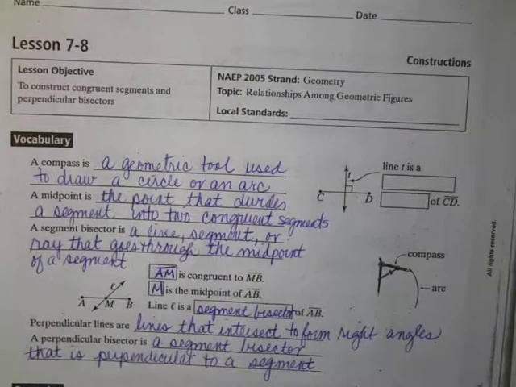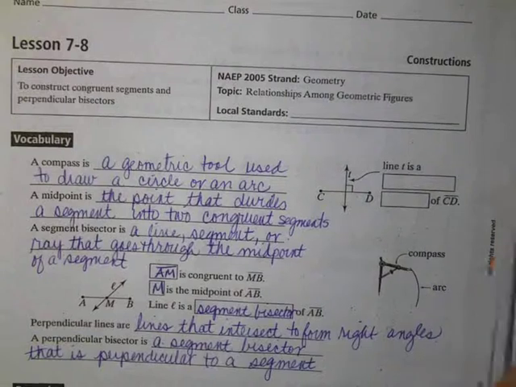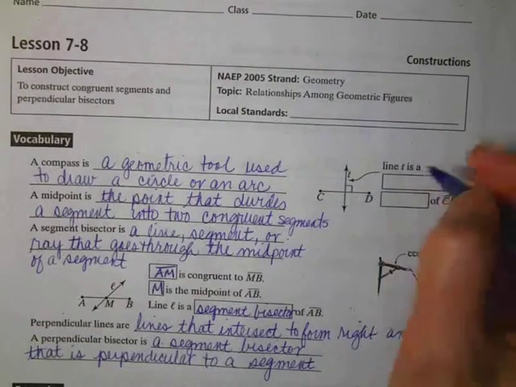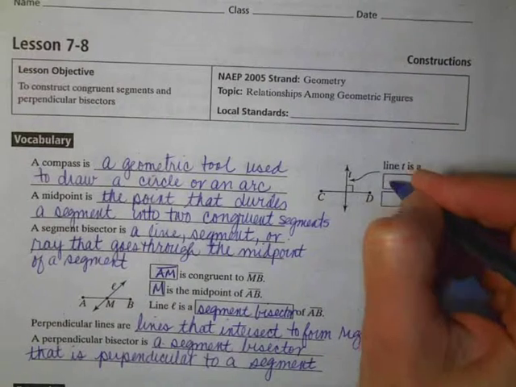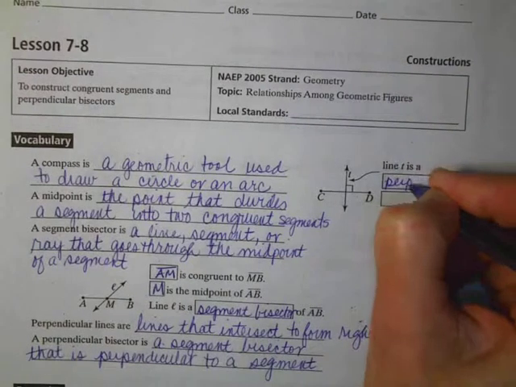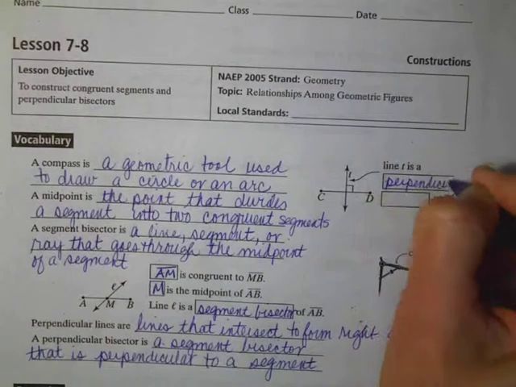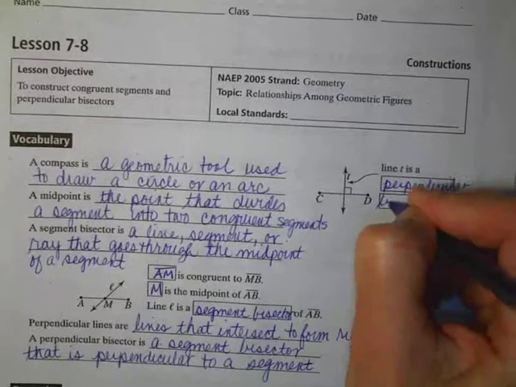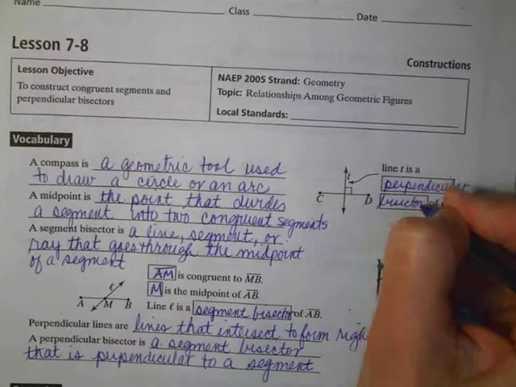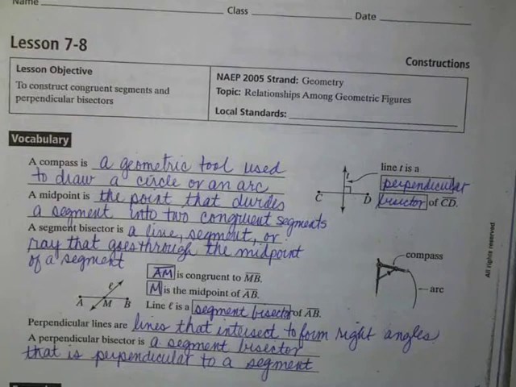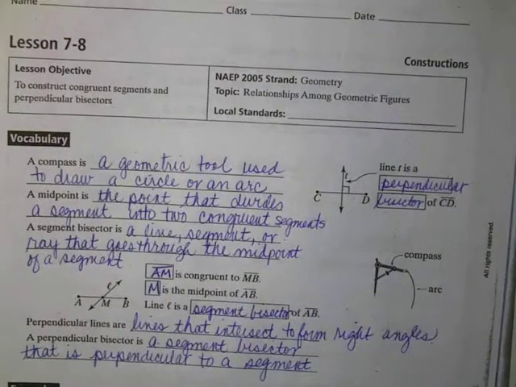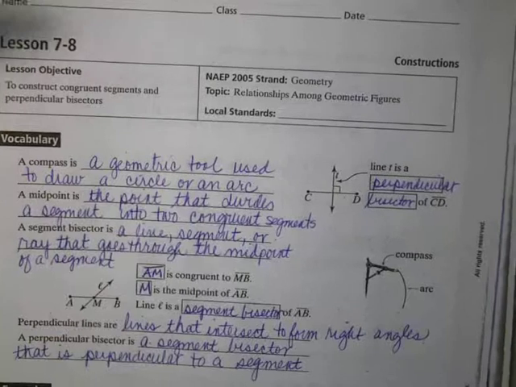It simply cuts the segment in half because it crosses through the midpoint. If we look up here, line T is a perpendicular bisector of segment CD. And then of course we have a drawing of a compass and the arc.